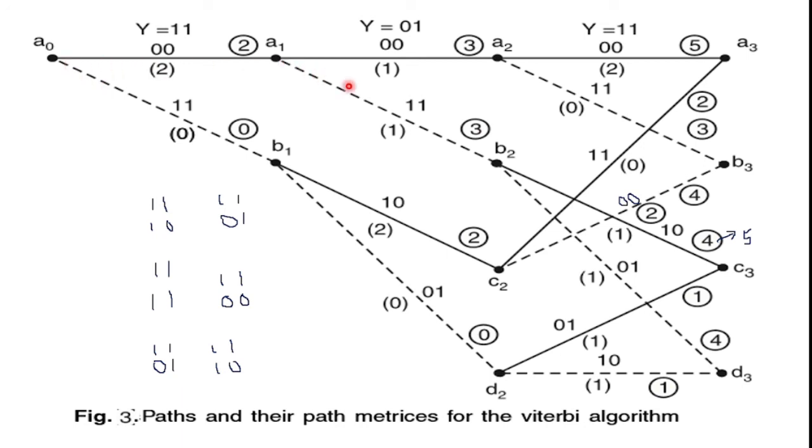And in this direction, the running path metric is 2 plus 1 plus 1 equal to 4.